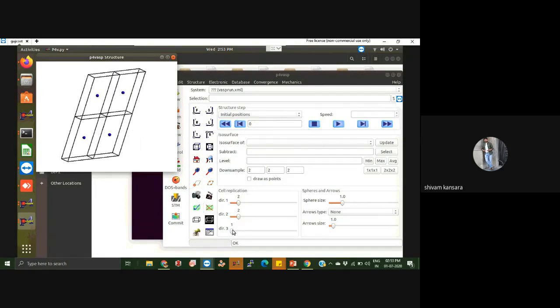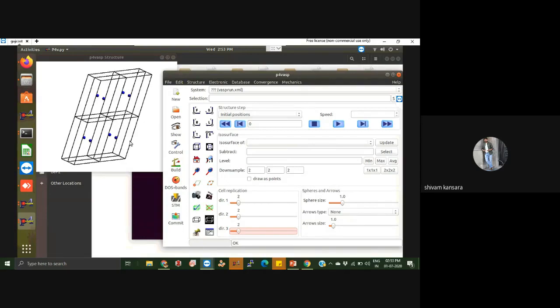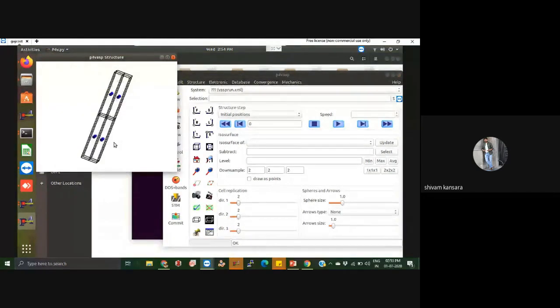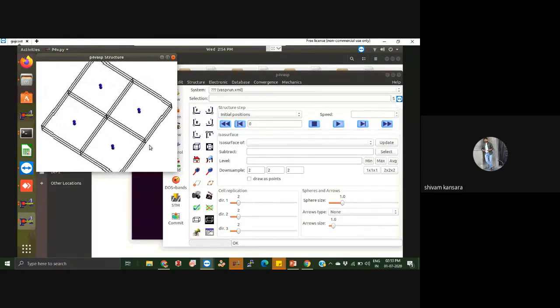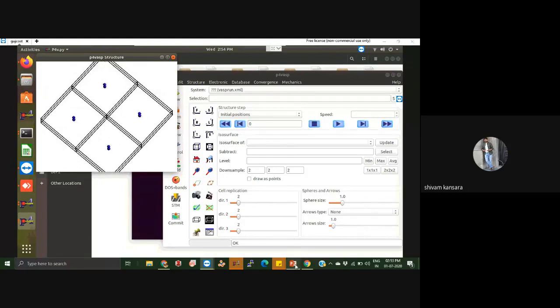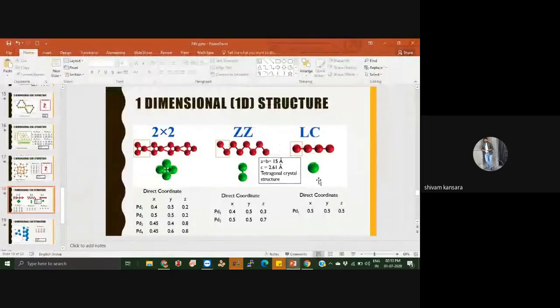If we extend the z dimension, you can see that the two atoms are very near, so easily we can see the interaction in the band structure or in the contour graph. So this is a simple linear chain lattice nanowire.